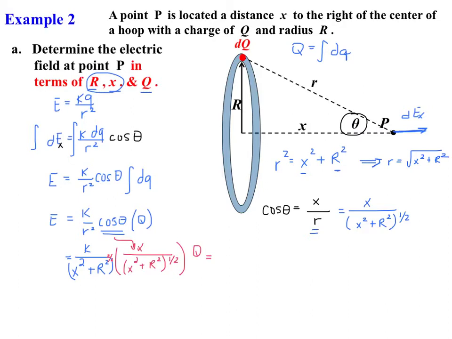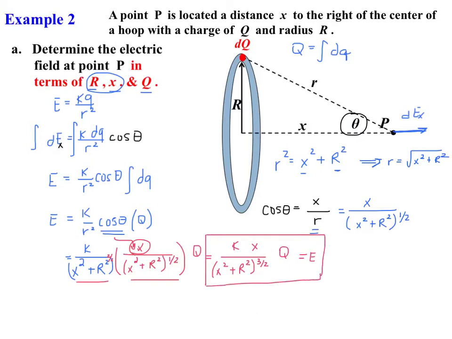So I can combine the bottom two to get k over x squared plus R squared to the 3 over 2. Remember, we have an x on top and a q. So this is my final answer for my electric field a distance x away from a hoop.